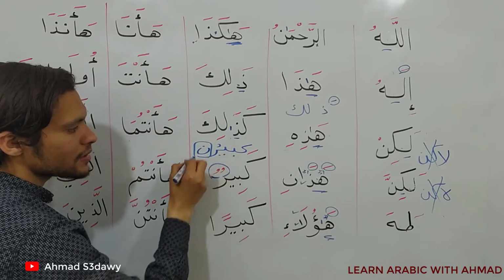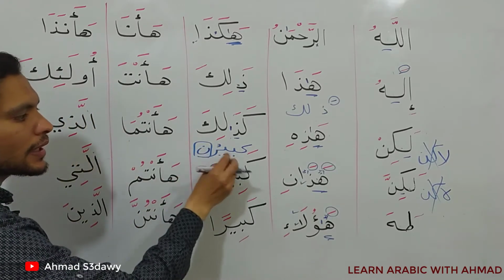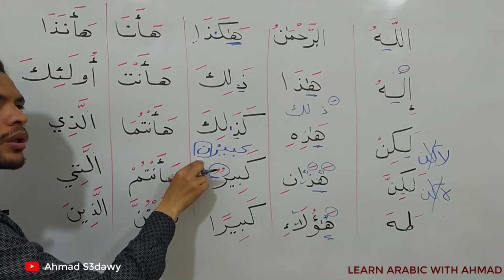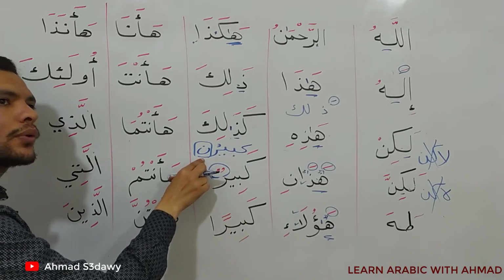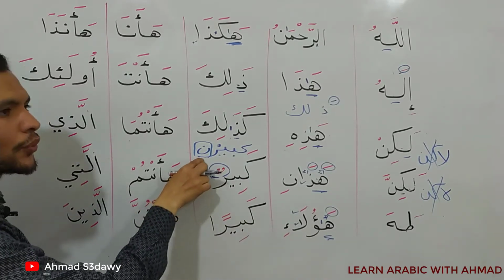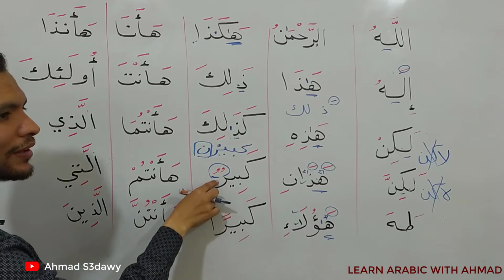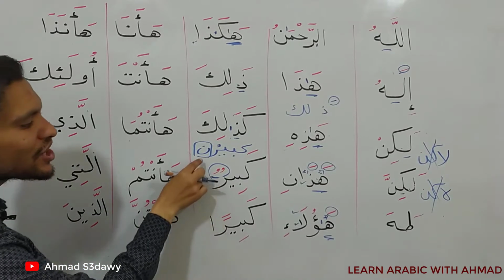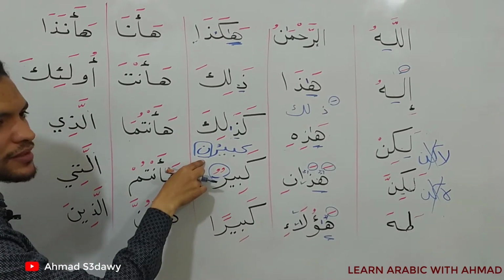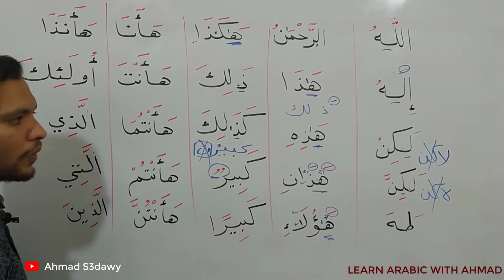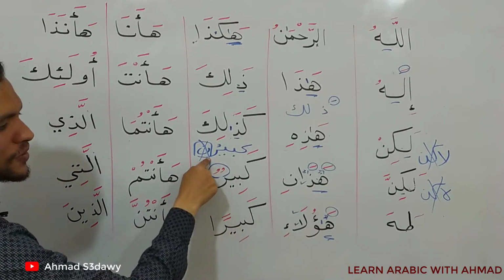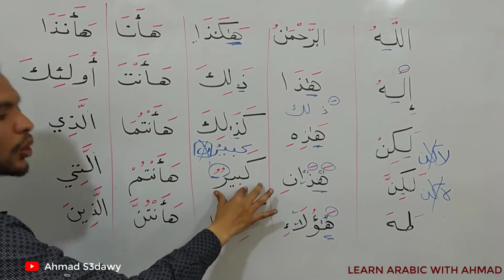I say, what is this? I say it's kabirun. I pronounce the noon. See, it's not a real noon, it's just tanween. You have to pronounce it just like noon, but you never write it as noon. It's very wrong. Okay, don't do this, please. It's kabirun.